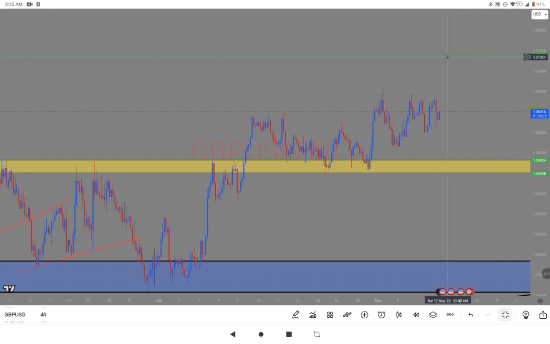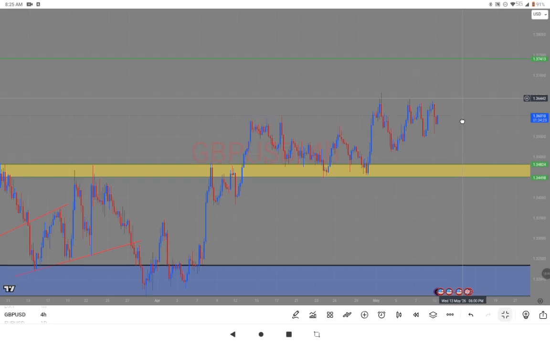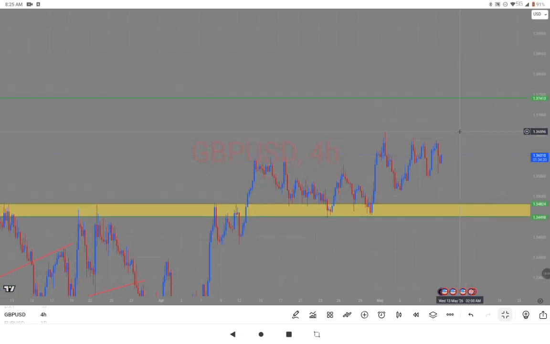This tiny green line you're seeing here, that's where I'm still expecting GBPUSD to bounce to. But the other case scenario is that since we already have a double top and the market is currently reacting here, which almost tapped the 100% of the double top, which is the neckline of the double top.